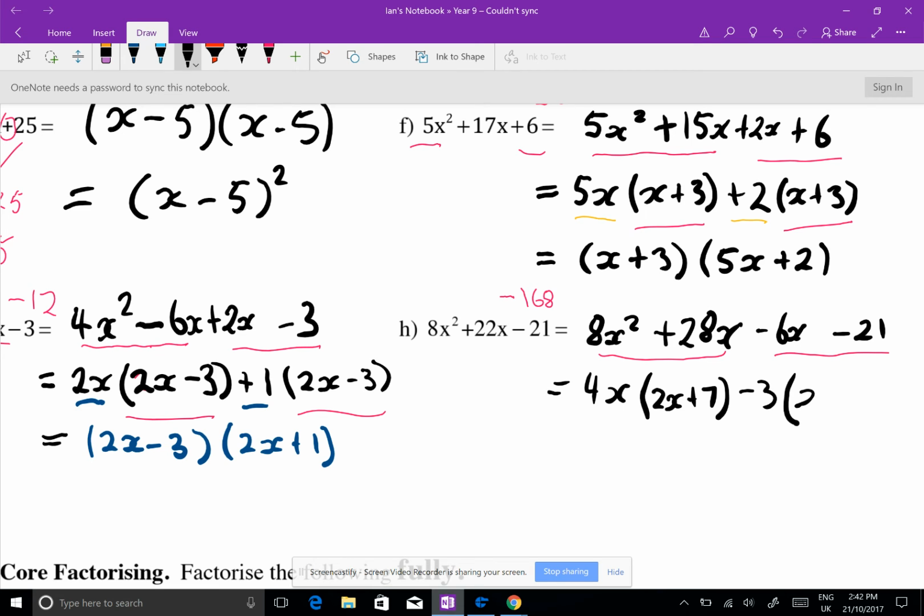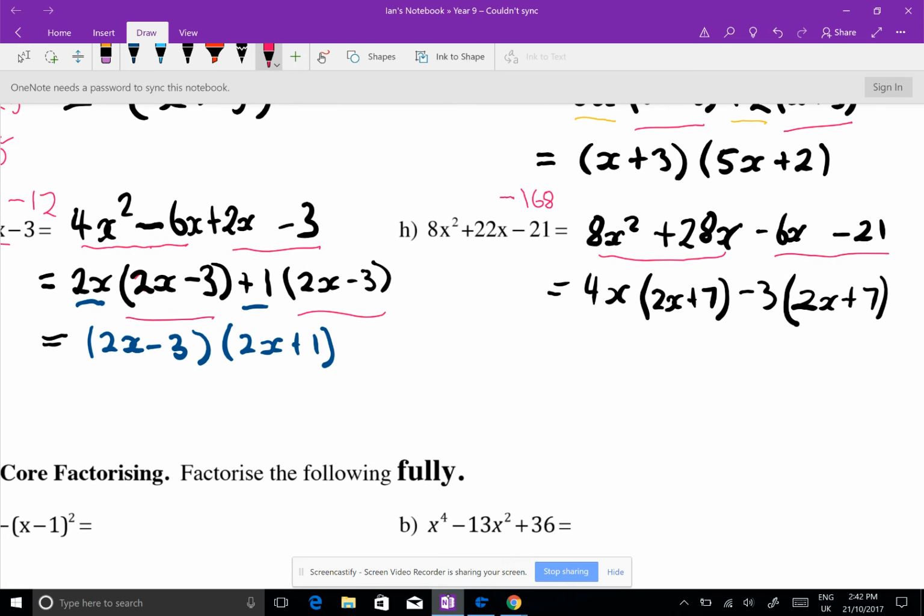It'll leave me with 2x. And if I take -3 out of -21, it's a division, I'll be left with plus 7. So then I've got my common factors again, 2x plus 7 and 2x plus 7. I'll put them out the front, 2x plus 7, and I've got my 4x minus 3.